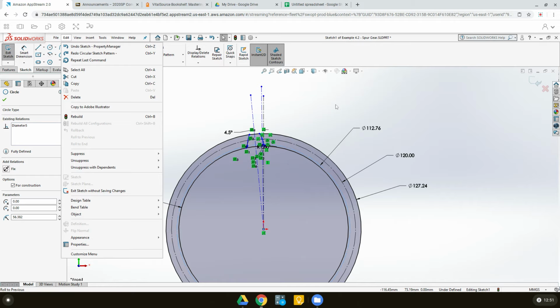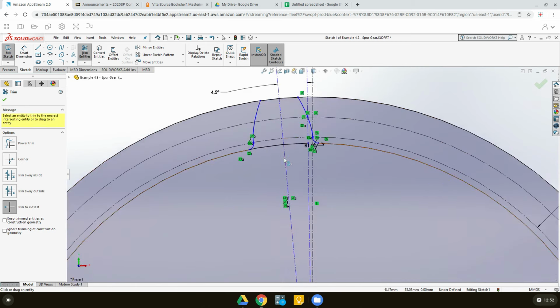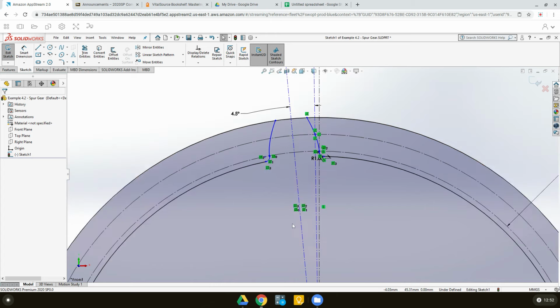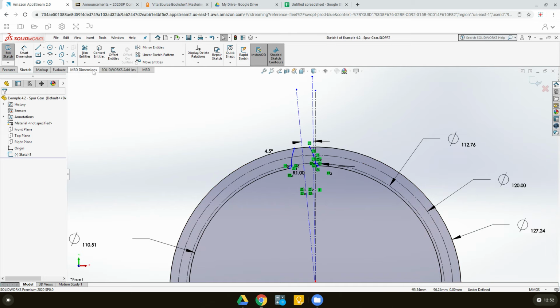And what I will do is, first I will go ahead and chop this portion here. I'm going to chop this. Okay, I'm going to clean this, and hopefully now we should be able to create a circular pattern.